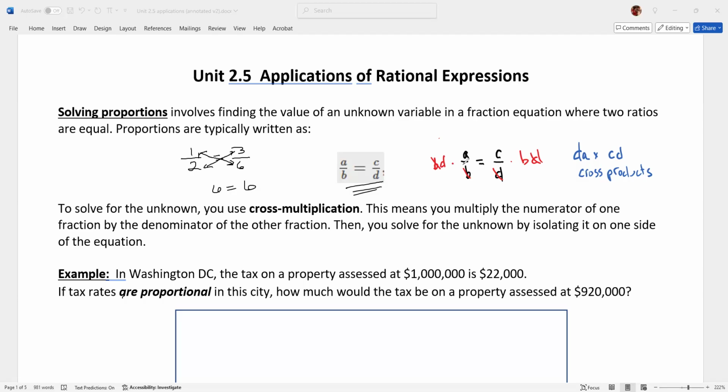If I multiply both sides by BD, here on the left side, the B would cancel with the B, leaving me a D times A. And likewise on the other side, the D would cancel with the D, and it leaves you C times B. This right here is the cross product, right? D times A and B times C are cross products. And so instead of going through the process of lowest common denominator and canceling denominators, we just know that these will always end up as cross products.